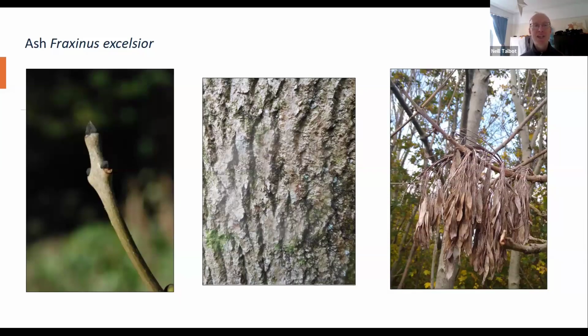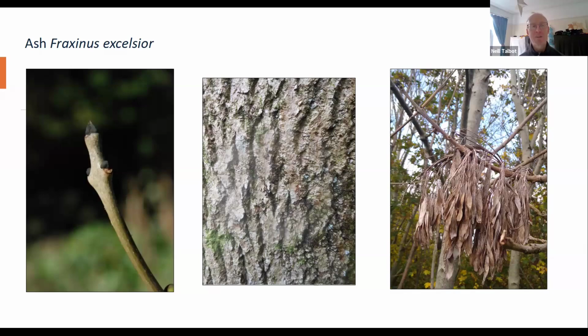So next is ash. One of the most common ones, but sadly becoming affected really badly by ash dieback. The first thing I would say to look at, if you can see them easily or reach them, is the twigs and buds. The buds are dark chocolate brown to black, large pointy buds.